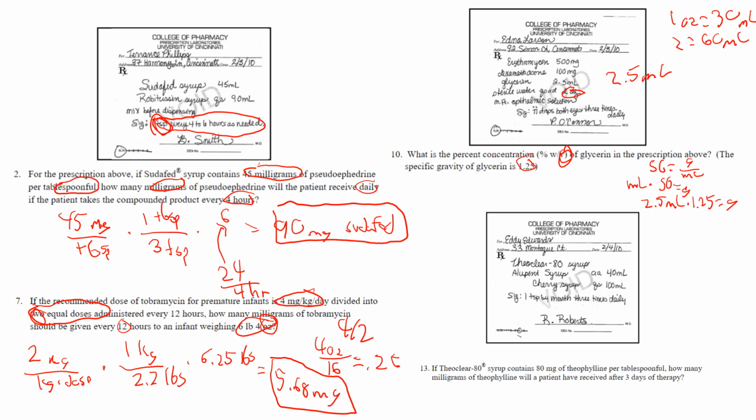Let me put that in my calculator really quick. 2.5 times 1.25, we get 3.125 grams. We then divide this by our 60 milliliters. This gets us 0.052. If we multiply that by 100%, because this does want a percent solution, we get 5.2% glycerin.